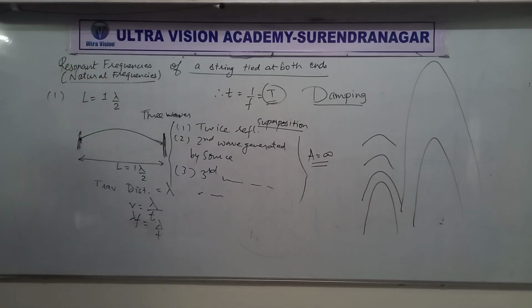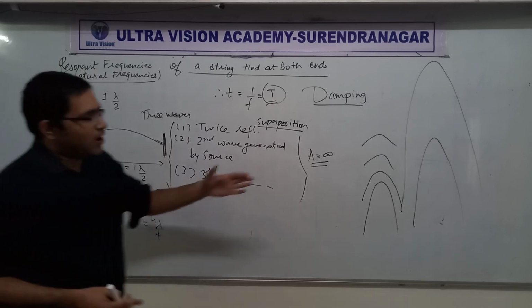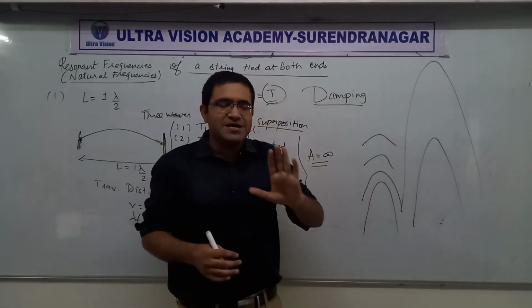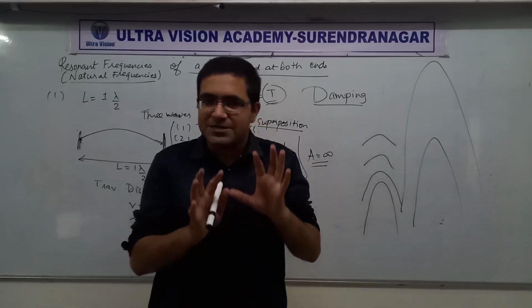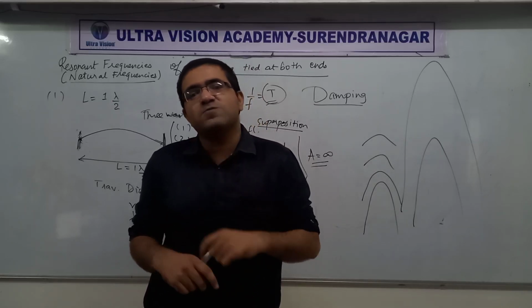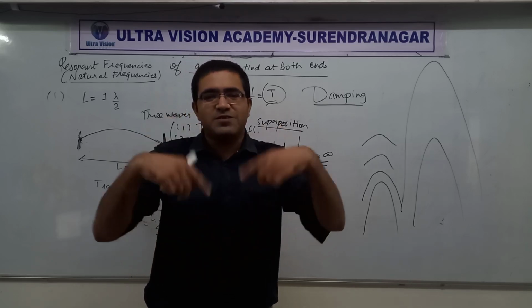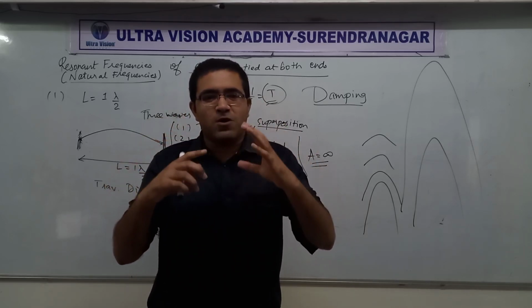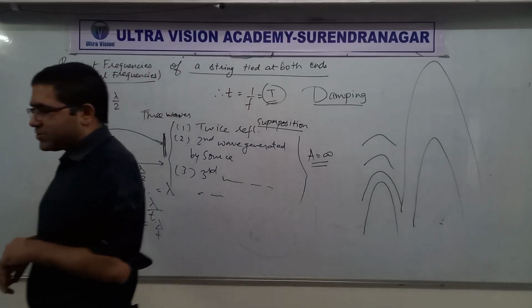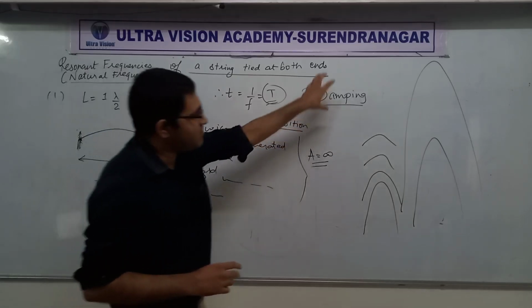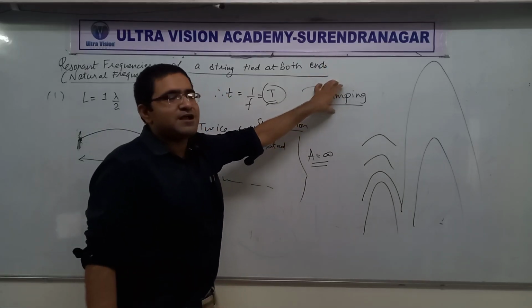So, will the amplitude always keep increasing like this? No. But yes, it will remain at some fixed large value. That is what we were seeing in all these videos, right? That when the string oscillates, it oscillates with a large amplitude, but not infinite. Why not infinite? Because there is always going to be damping.